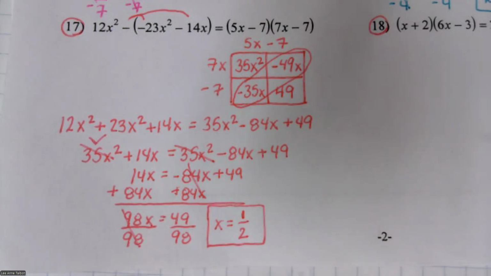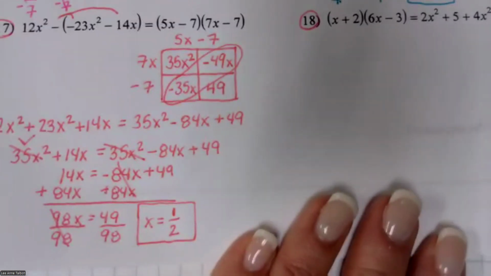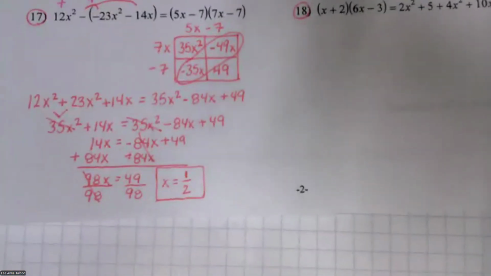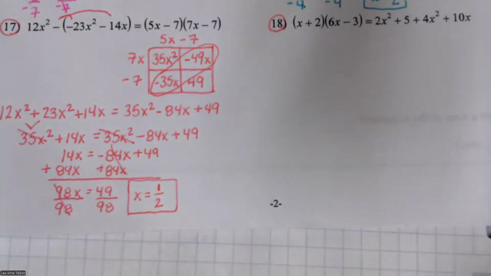You might not have known that 49 goes into 98 perfectly twice, but maybe you did. Okay. Oh, numbers look a little better on this one.